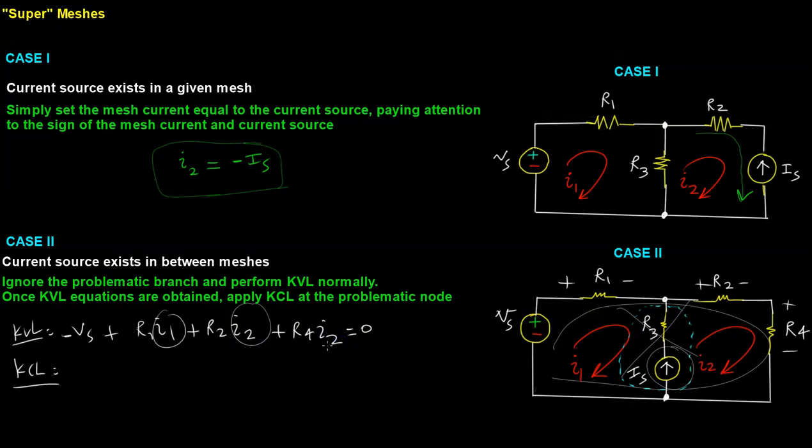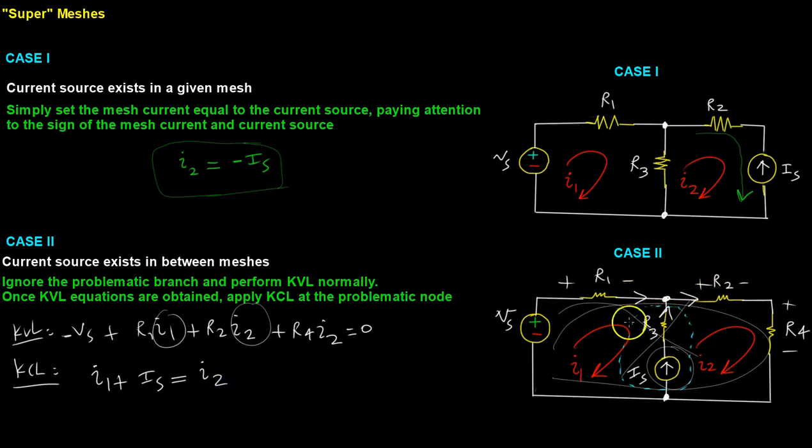So what we do next is apply KCL to this node. Looking at the directions, I1 is flowing this way, I2 is flowing this way, and this current that is coming up, IS, is flowing this way. And so what we would get is that I1 plus IS is equal to I2.